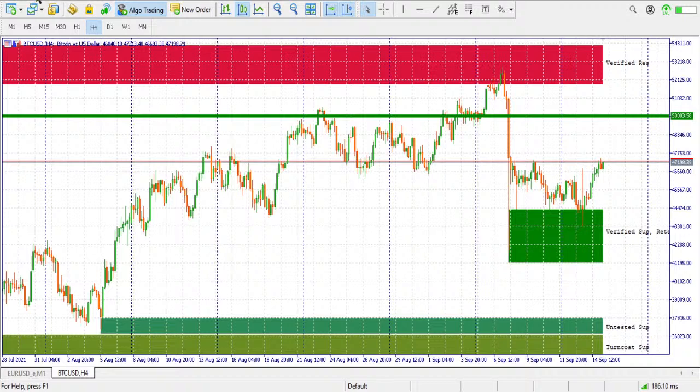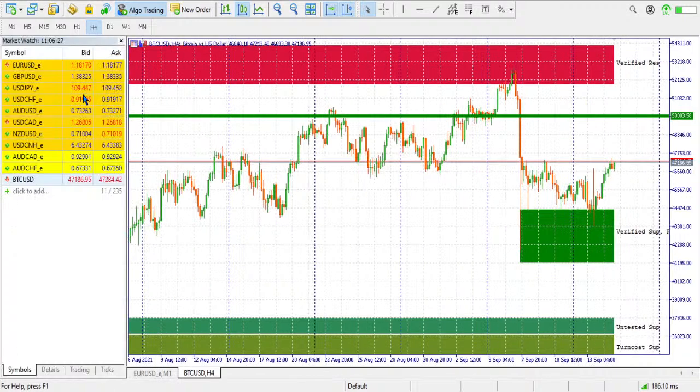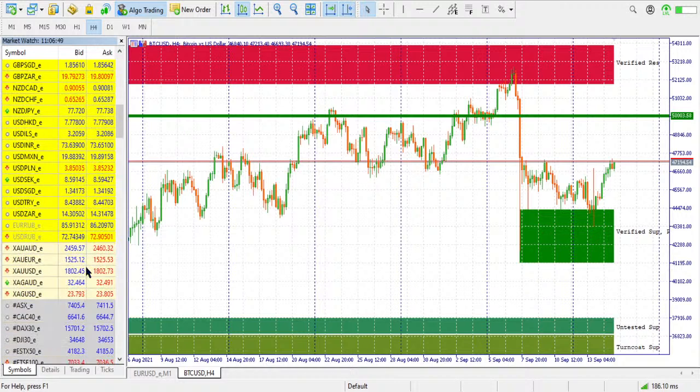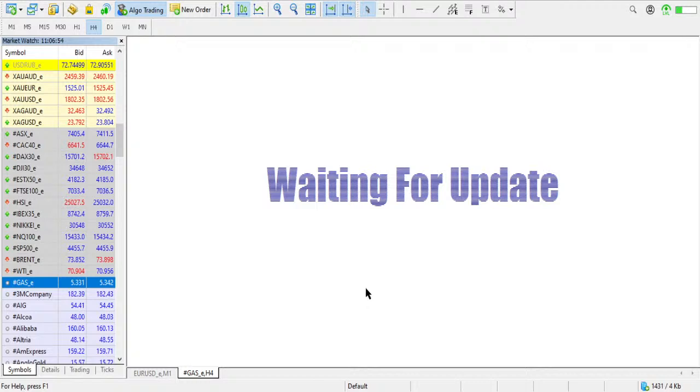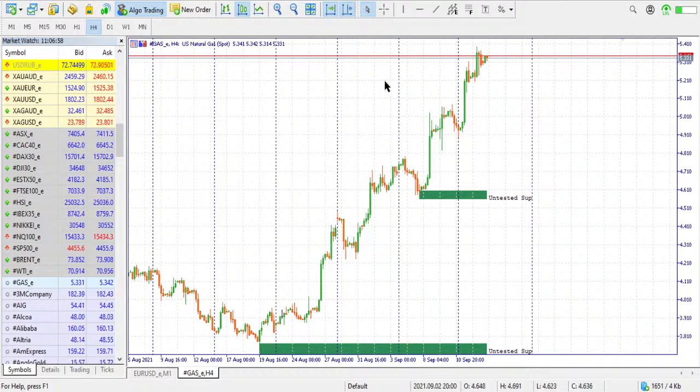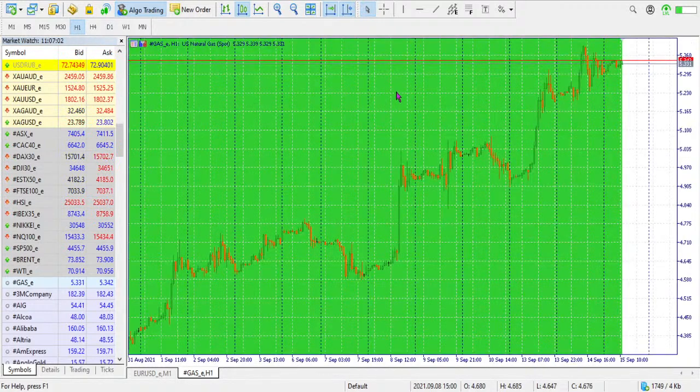the natural gas. So the natural gas, so far you can see that we do have a very clear uptrend.